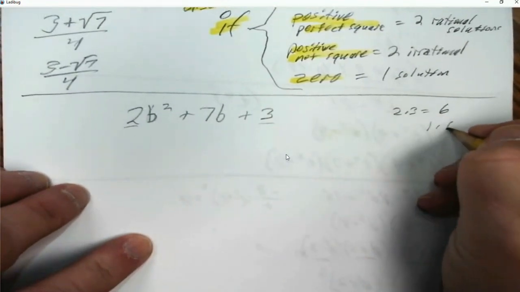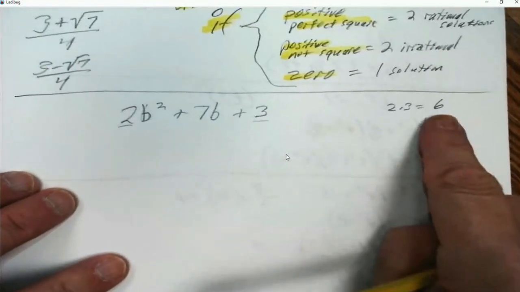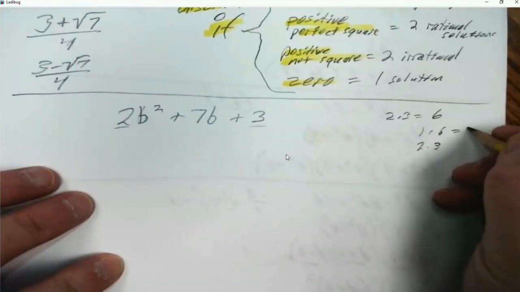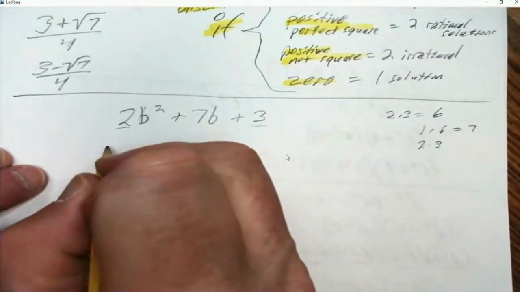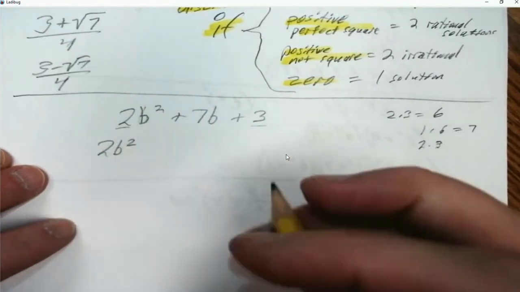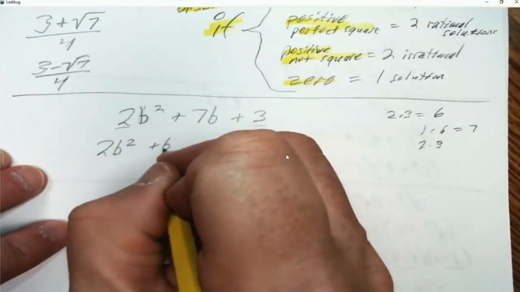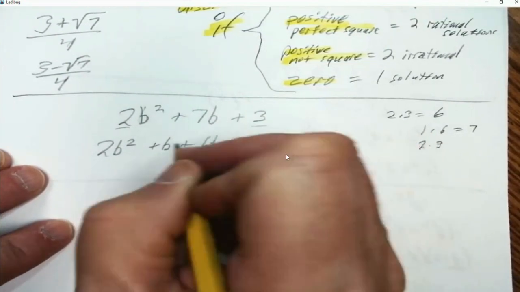1 times 6 and 2 times 3. Right? That's the factors of 6. Well, when we add 1 and 6 together, we get 7. So we're going to keep 2b squared, we're not changing that. We're just changing this to be plus b plus 6b plus 3.